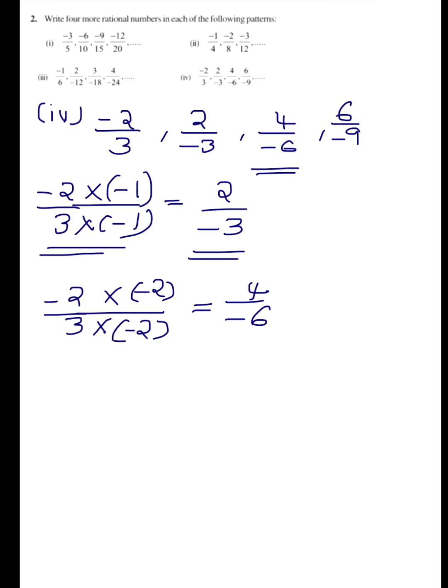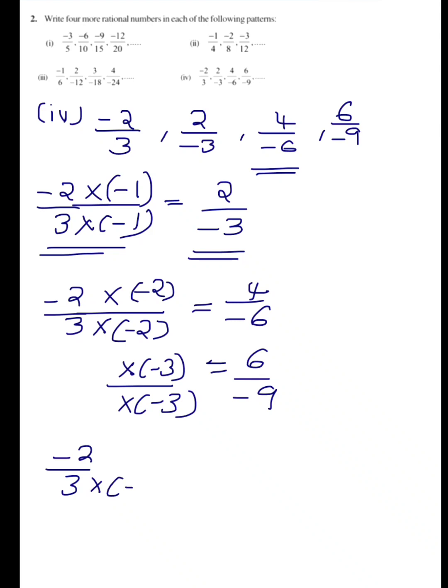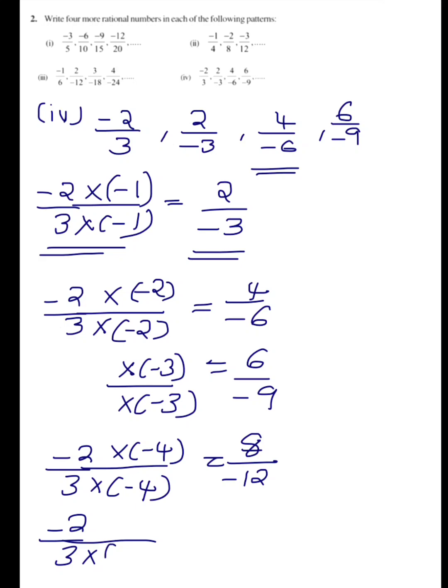Okay. What is next? 6 by minus 9. So how will you get that 6 by minus 9? When you multiply with minus 3, you will get 6 by minus 9. Similarly, in order to find the next 4 numbers, you have to multiply minus 2 by 3 with minus 4. Okay, into minus 4. Then the answer will be 8 by minus 12. Now minus 2 by 3 into minus 5 by minus 5. So it will be 10 by minus 15.